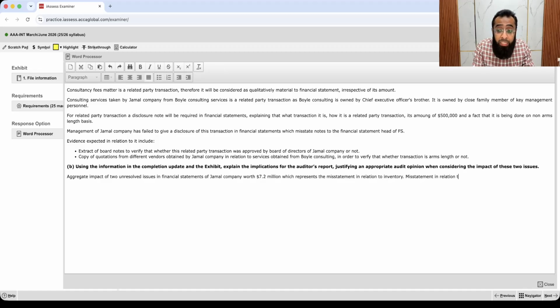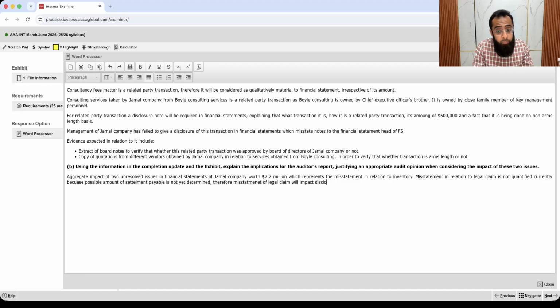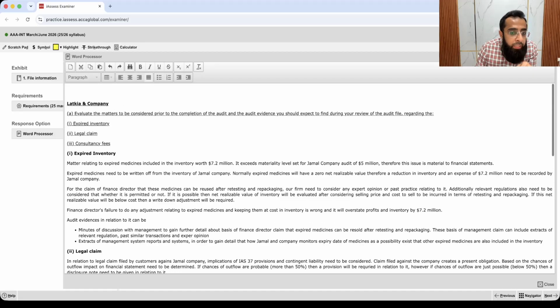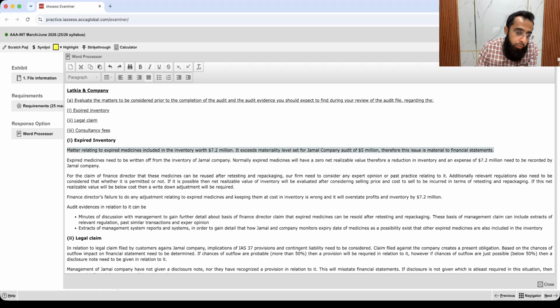Misstatement in relation to legal claim is not quantified currently because possible amount of claim or possible amount of settlement payable is not yet determined. Okay. Therefore, misstatement of legal claim will impact disclosure notes. Okay. But currently we don't know its amount. The question has not given it, the management has not. So currently the misstatement which exists is in relation to the inventory, and that misstated inventory was $7.2 million.